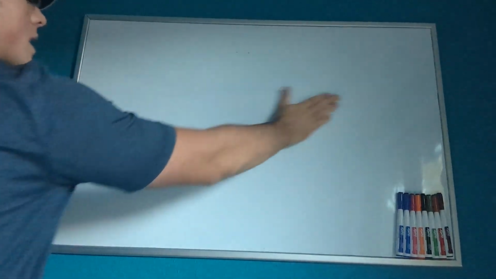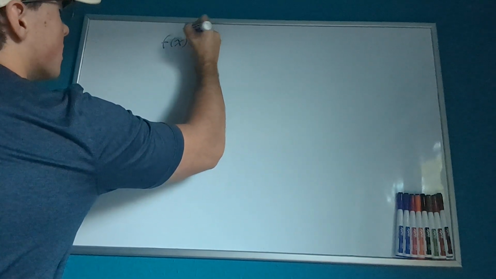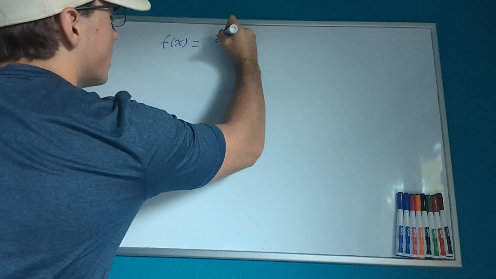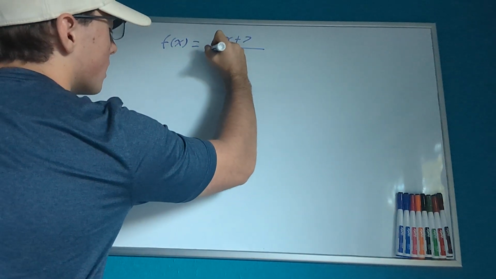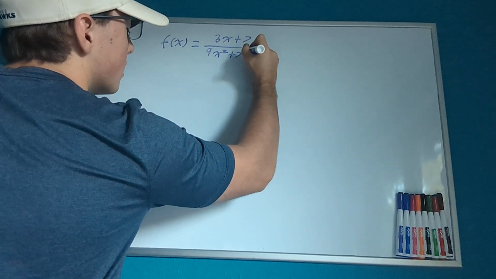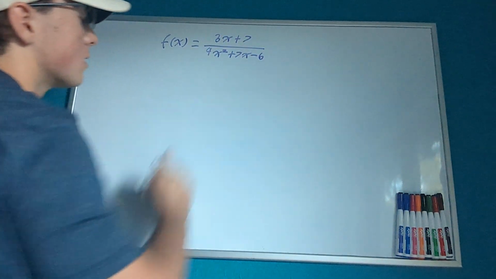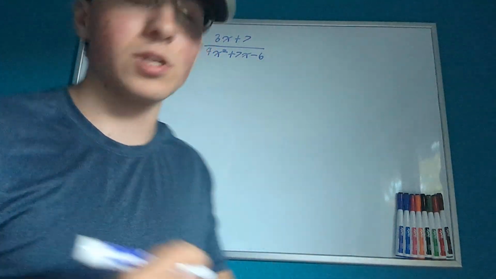Now let's get rid of this, and let's try to do it with something else. Let's do f of x equals 3x plus 7 divided by 9x squared plus 7x minus 6, right? And once again, we want to find the horizontal asymptote here.